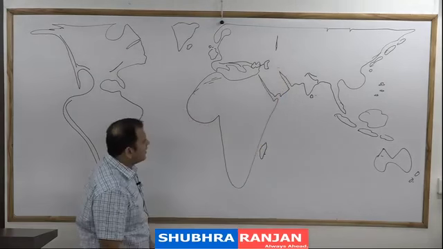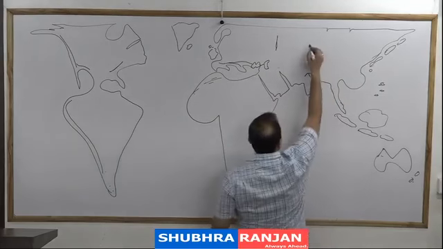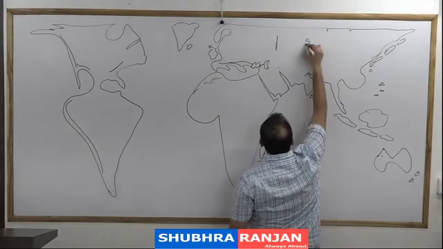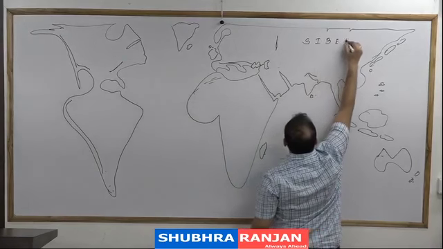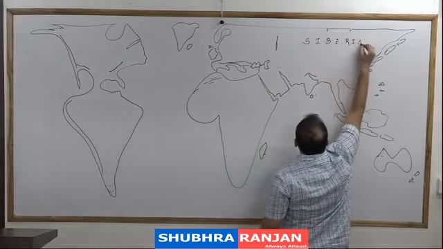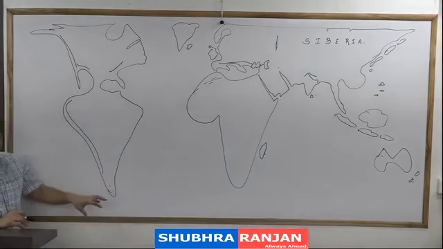So can I say this part of Asia is what? This Russian part of Asia is known as what? It is known as Siberia. So the Siberian plateau will come many times. You should know what is Siberia.